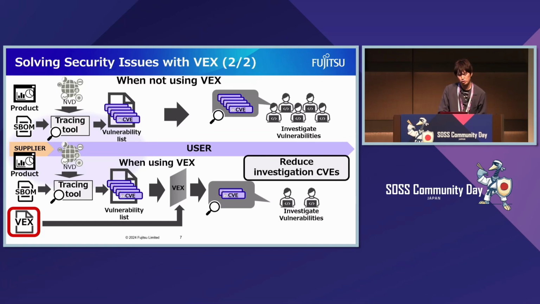This diagram shows the subsequent process from the previous diagram. The key point here is that by using VEX, the number of vulnerabilities that users need to investigate can be reduced.